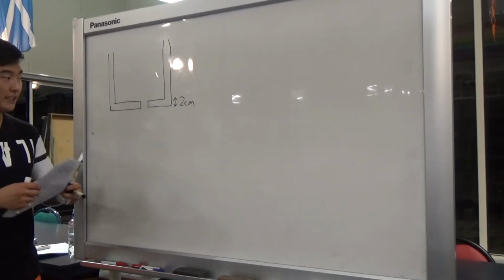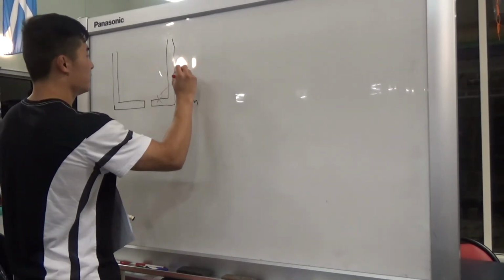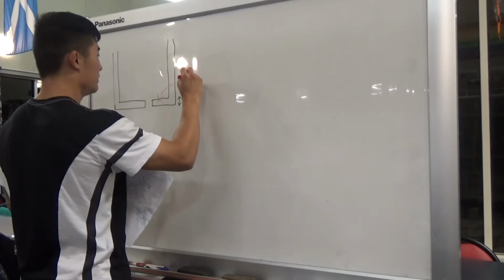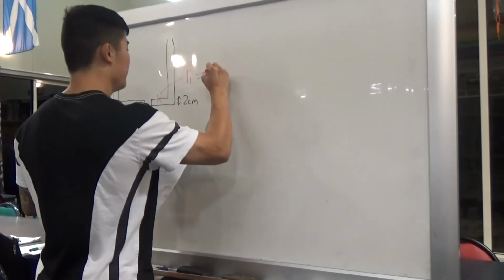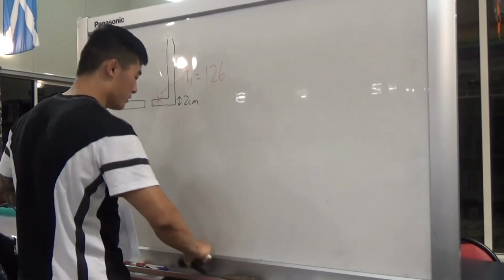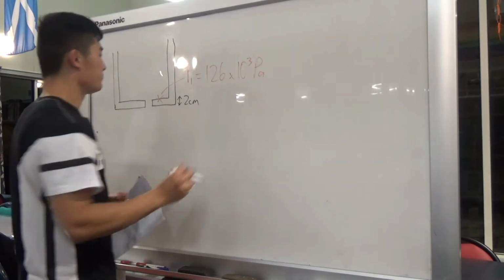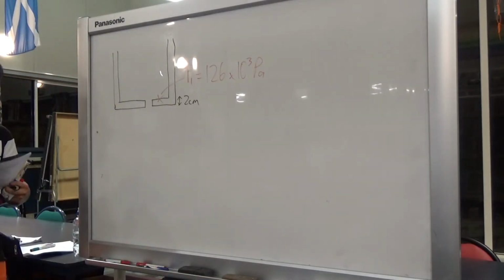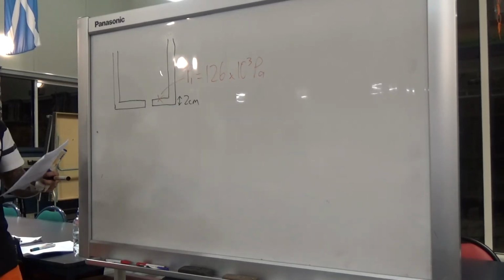is 126 kilopascals. So at this point here, the pressure, we'll call that P1, is equal to 126 kilopascals, which is times 10 to the 3 pascals. And the radius of the hole is 1.5 millimeters.